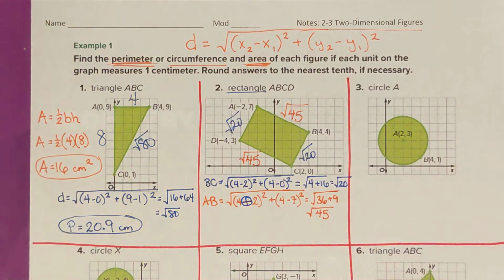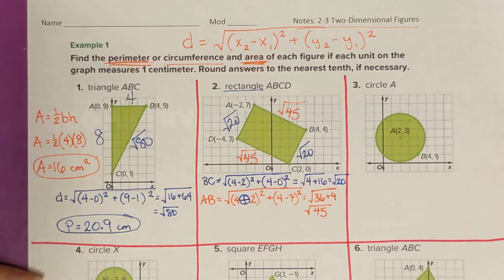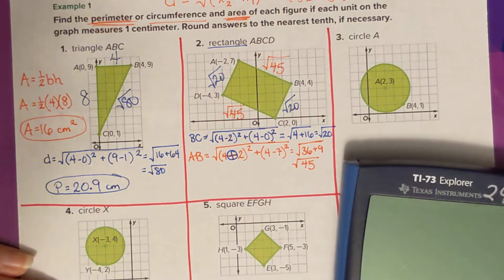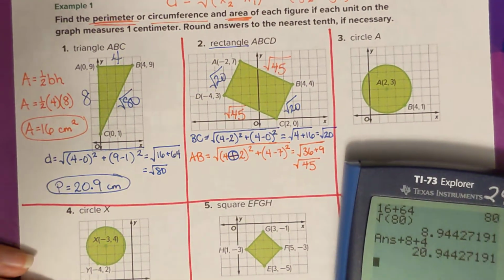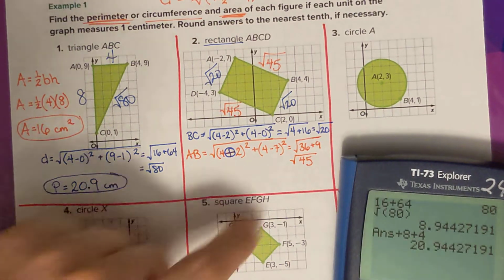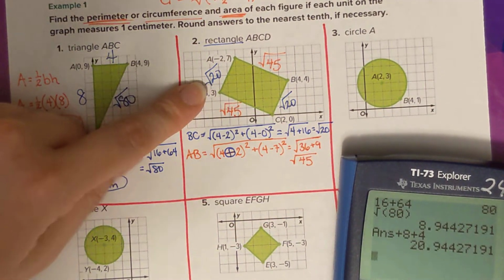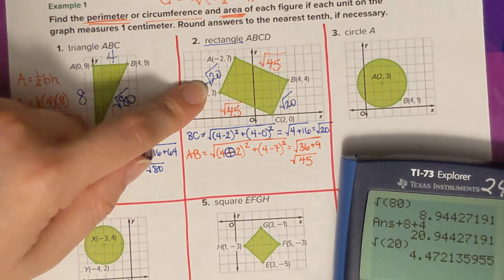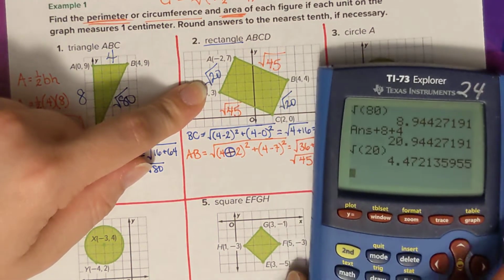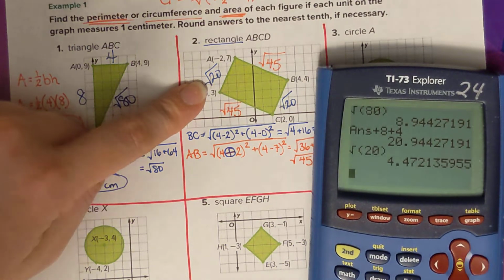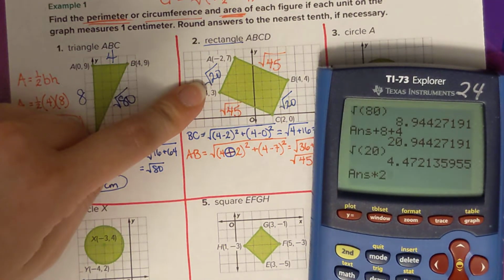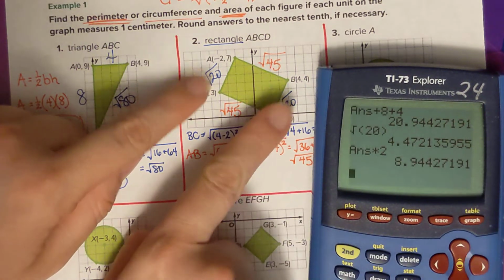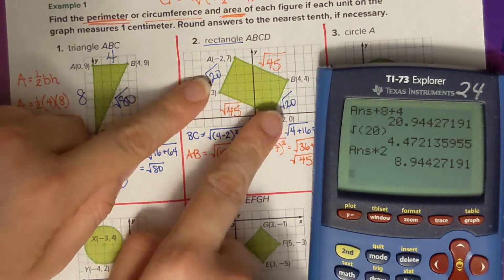Square root of 45. Again, calculators, beautiful things. Please use them. So let's use them to figure out what our perimeter is here. We have the square root of 20. My calculator is a little fancier, so it can figure out stuff easier than the ones I gave you guys. So I'm sorry, but this makes this video easier. I did the square root of 20 twice because you have 2 of them.